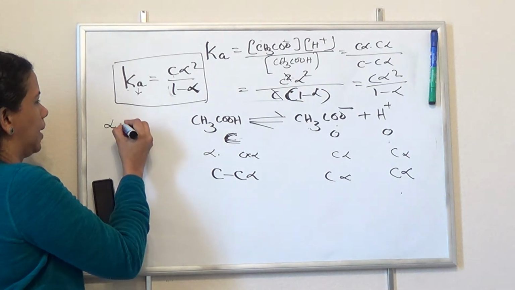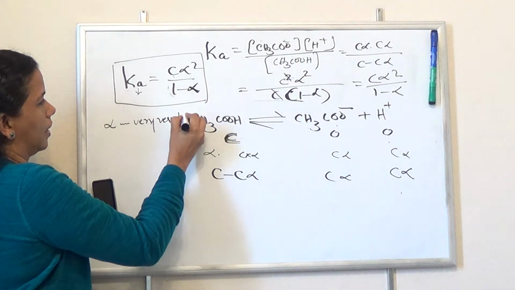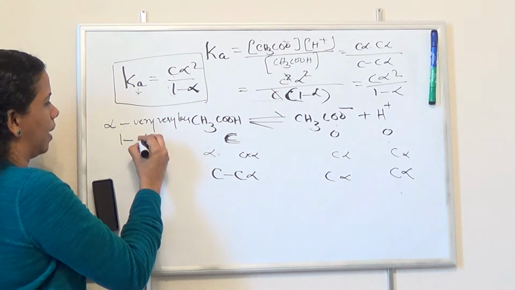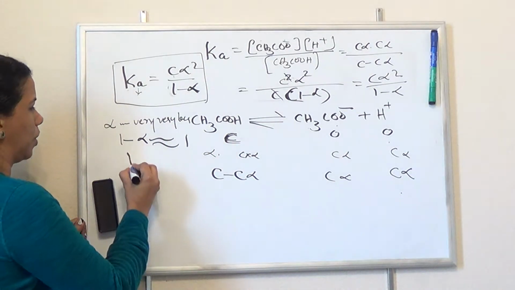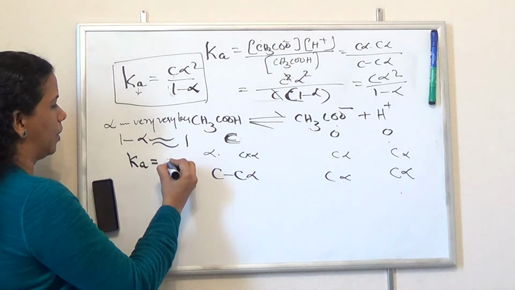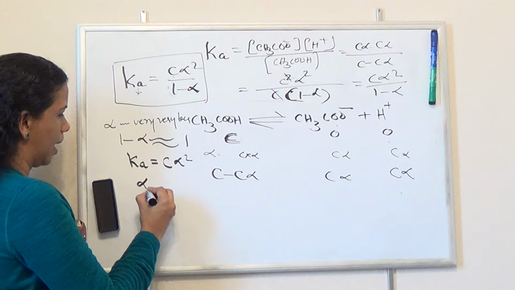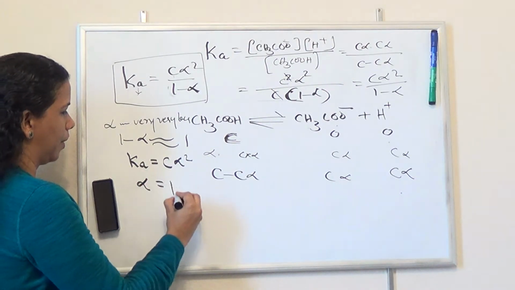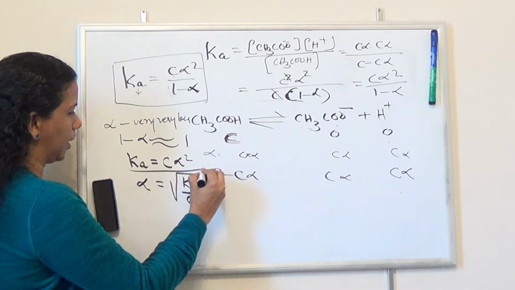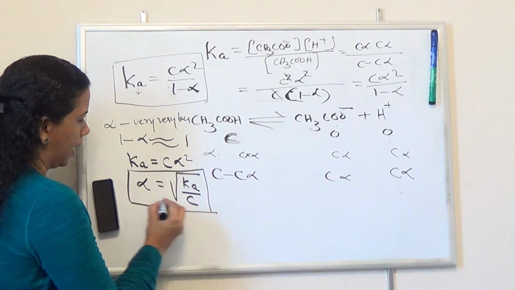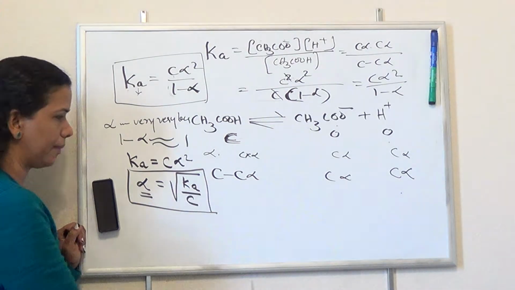Then the equation becomes Ka is equal to C alpha square, or alpha is equal to the root of Ka by C. Using this equation we can find the degree of dissociation alpha for weak acids.